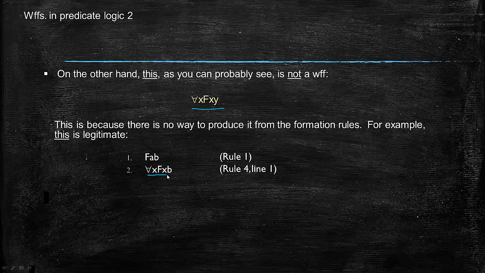We can do that by just substituting X for A, and slapping on a universal quantifier. But we can't get for all X, FXY. And why is that? Because there is no rule that would allow us to just stick Y in for B without some quantifier. So there's just no way to do that.